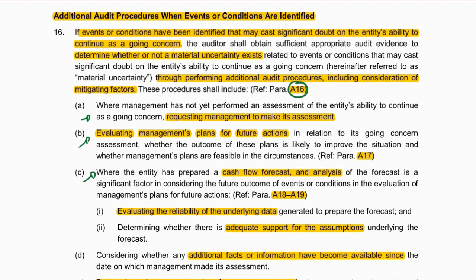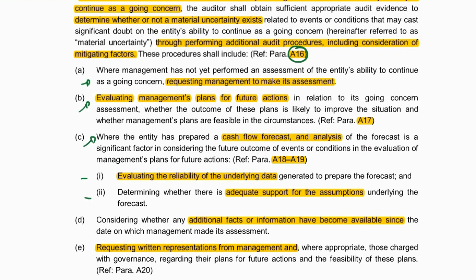I'm going to have to evaluate the underlying data, get adequate support for assumptions, consider whether any additional facts or information become available at a later stage, and request management representation letters for those future plans. So guys, already I've got an idea.